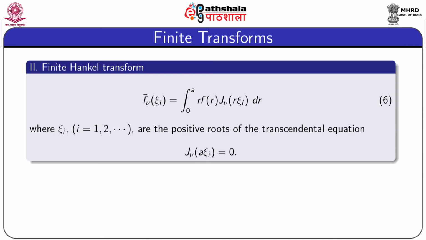I have already defined the Hankel transform, but here I am defining the finite Hankel transform, where the limits are finite. The finite Hankel transform of function f is defined as the integral from 0 to a of r f(r) J_nu(r xi_i) dr, where J_nu is the Bessel function of order nu and of the first kind, and xi_i are the positive roots of the transcendental equation J_nu(a xi_i) equals 0.